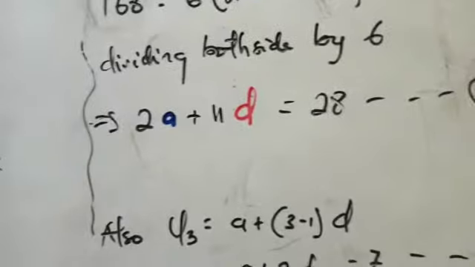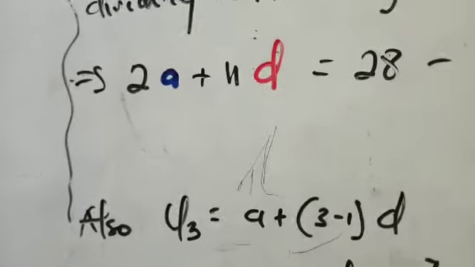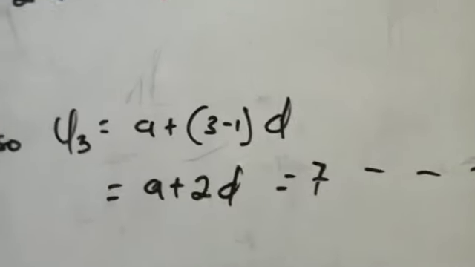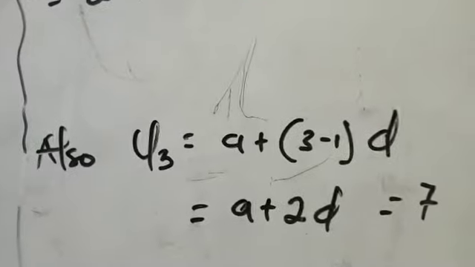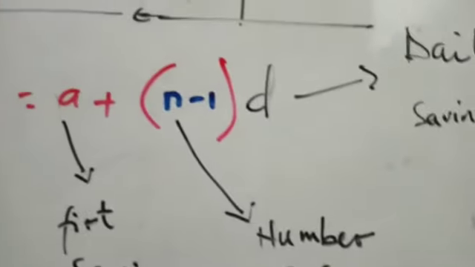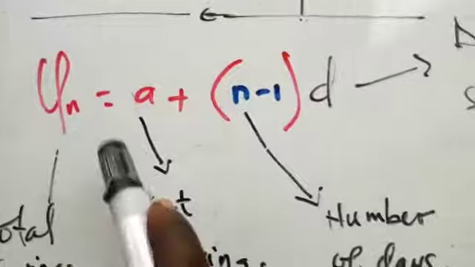Okay, so the second part of the question says that the U3, that is the third day or the third term here, to be 7. So it's your duty to know how the third day looks like. We know that we are dealing with arithmetic progression, so the formula looks like this. So n here is what? The number of days or the number of terms.